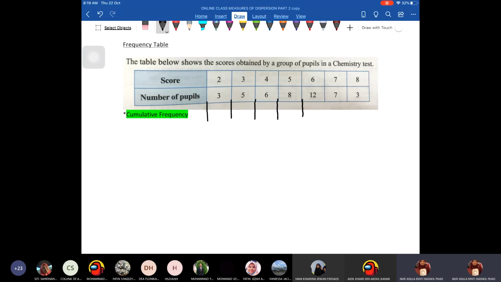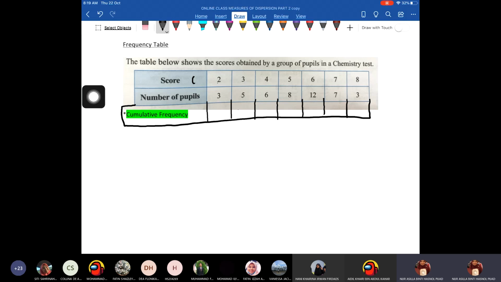Now I'm adding another row to include cumulative frequency. My score is actually my data, and number of pupils is my frequency.